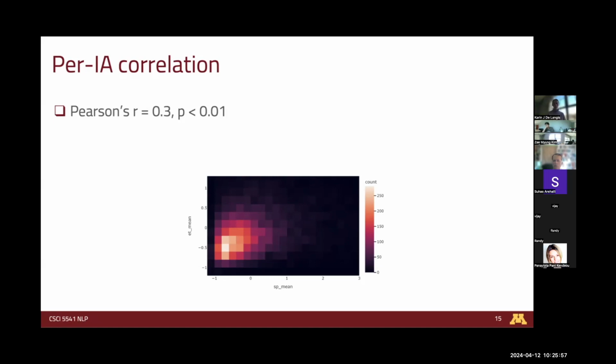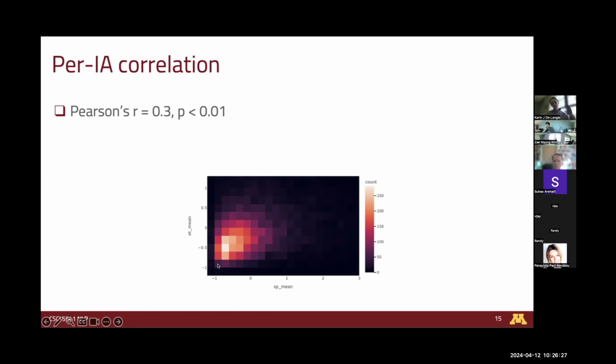So this is a density heat map. Sorry, I didn't get a chance to fix these axis labels to make it clearer, but this is a density heat map of the eye tracking on the y-axis and the spotlight reading on the x-axis. If this was a really good correlation, we would see a really nice, straight diagonal line.